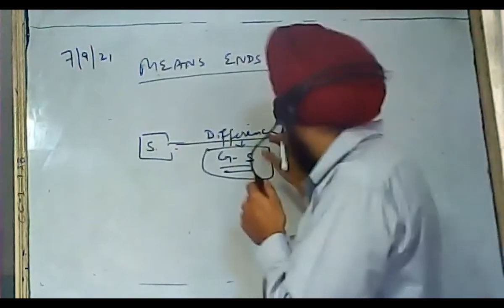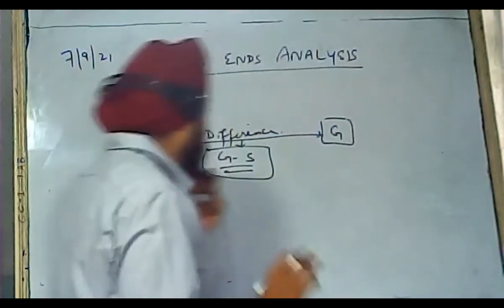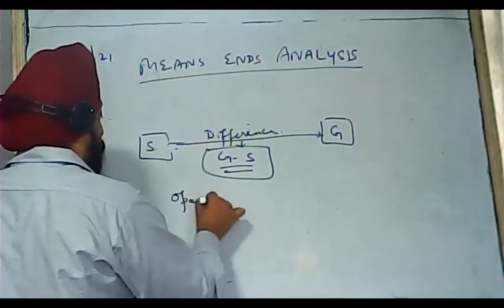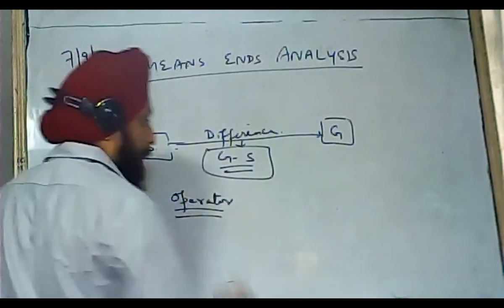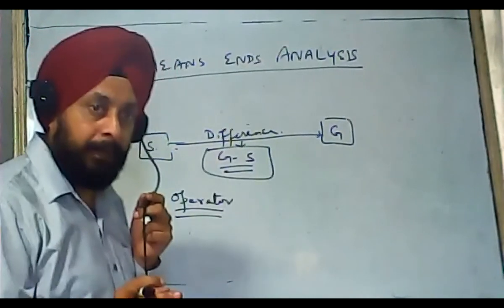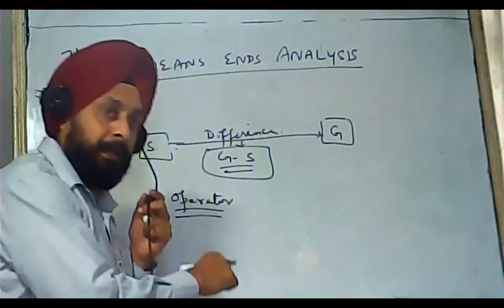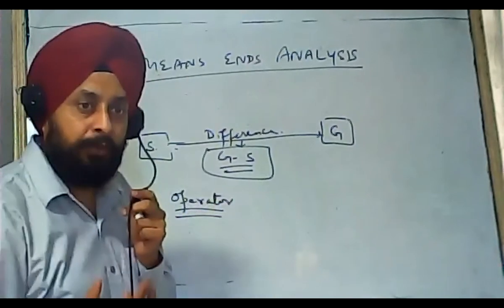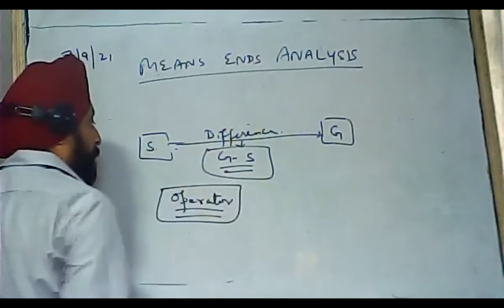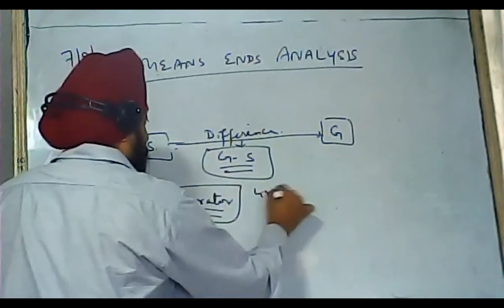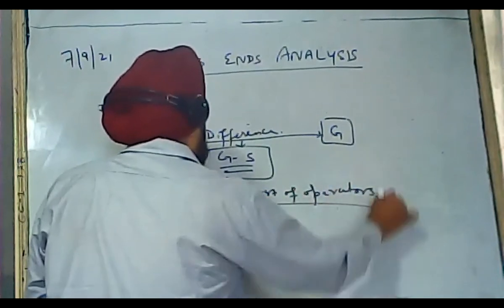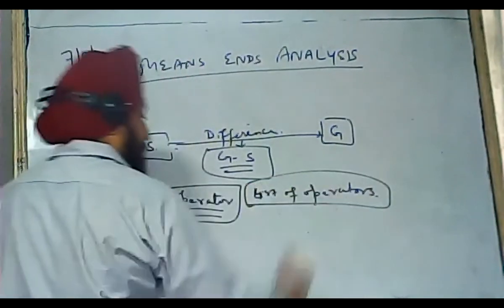Once you get the difference, then the next step is you try to find one operator whose implementation will reduce this difference. There can be a list of operators or operations or processing.